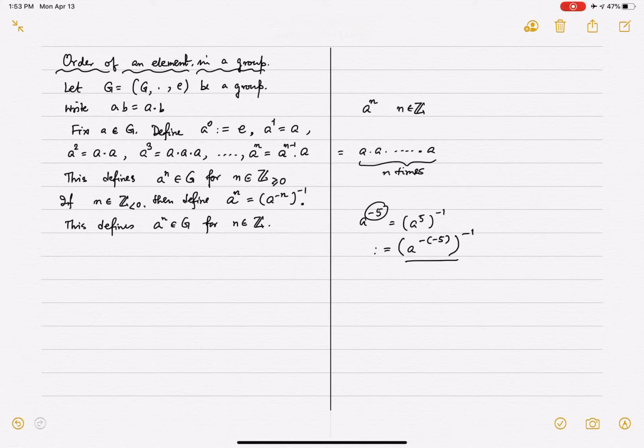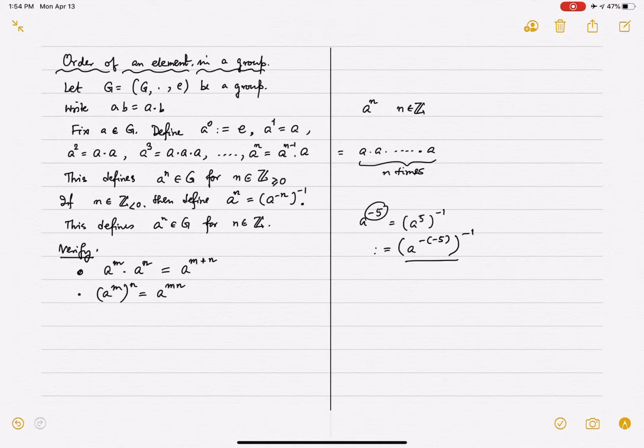You verify this little lemma. For all a in G and all m, n in Z, we have the following two things: a to the m times a to the n is a to the m plus n, the usual law of exponentiation, and a to the m, to the n, is a to the mn.